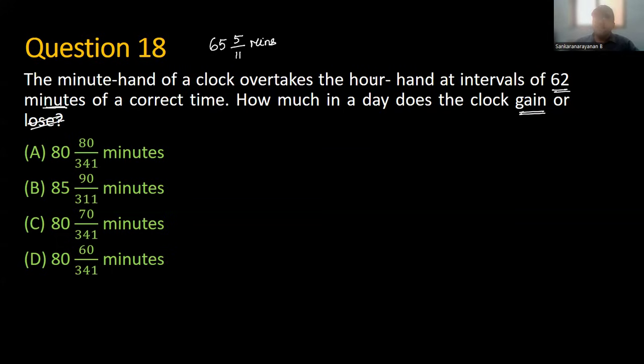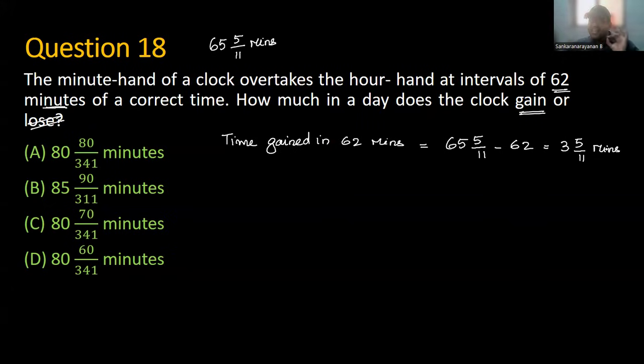So same logic, we can see that the time gained in 62 minutes, please note here the reference will be 62 minutes, is equal to 65 and 5 by 11 minus 62. And that is as good as 3 and 5 by 11 minutes. So the time gained in 62 minutes is 3 and 5 by 11 minutes.